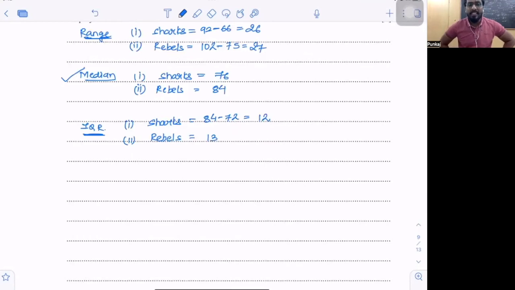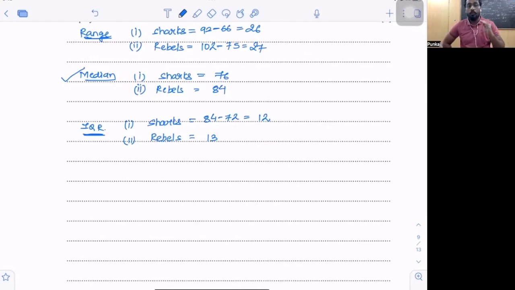So the range and the interquartile range do not have much difference, but you can see that for the average weight, the median weight for the Sharks and the Rebels, there is a difference, isn't it? You can see that the Sharks' average weight is 76 kilos and Rebels weigh 84 kilos.